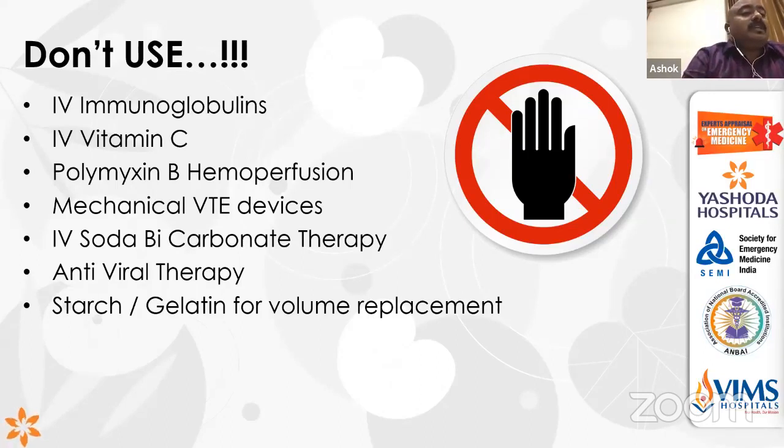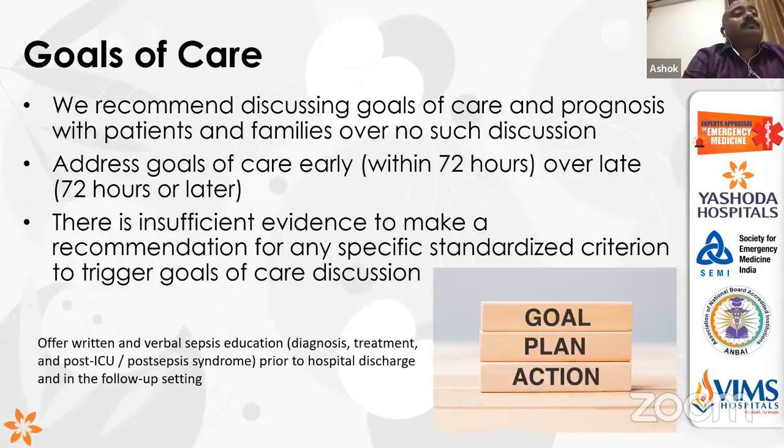Yes, I think I put the same thing in the slide also. NIV is not going to be of great use in ARDS. Of course, you have to put the patient on ventilatory support. That's for sure. And you have also raised invasive ventilation compared to HFNO. Your high flow nasal oxygen and your NIV may be a deciding factor in the initial 12 hours or 1 day for the patient.